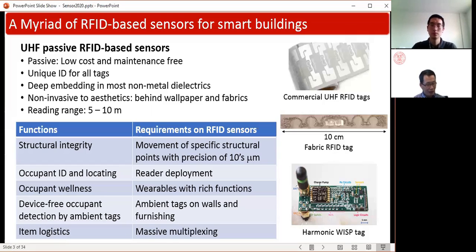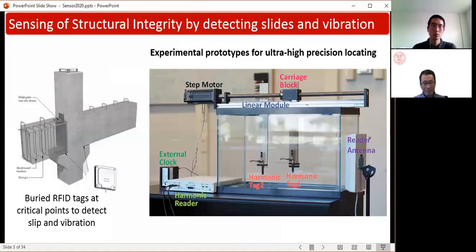And we can have device-free occupant detection using ambient tags on the walls and furnishing. And we can use it for item logistics, where the requirement is that it can be massively multiplexed, so that you can have thousands of tags within the same building.